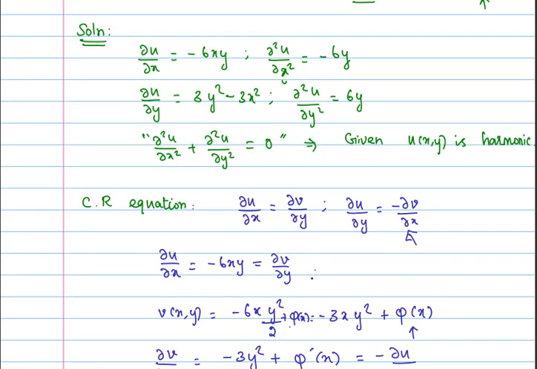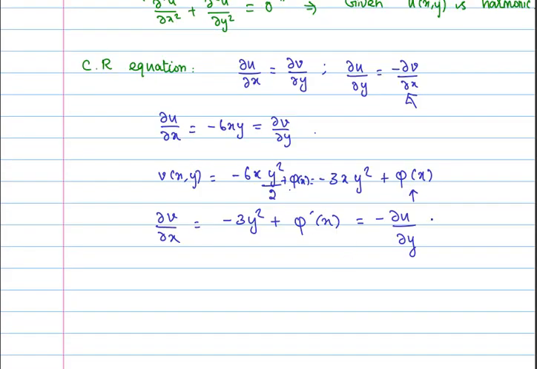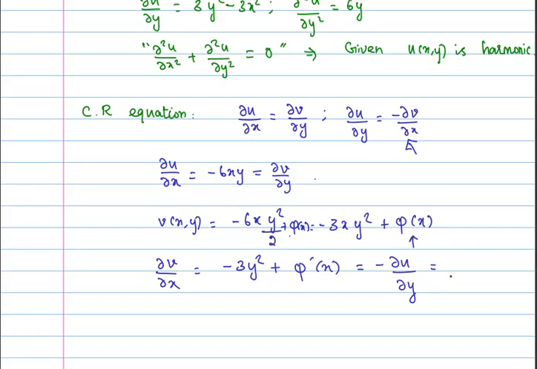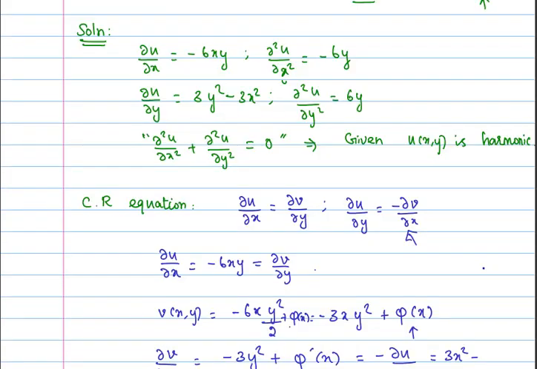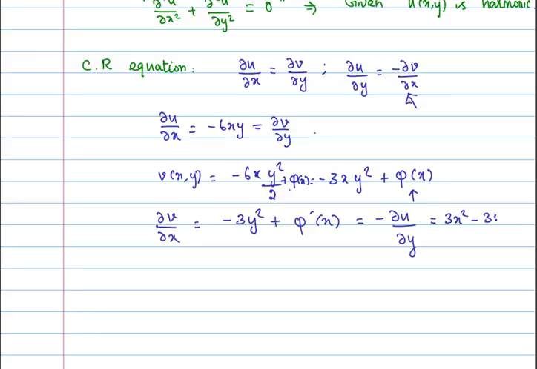We already calculated du by dy as 3y square minus 3x square, so minus du by dy is 3x square minus 3y square. Now compare these two: the minus 3y square cancels, so phi prime of x is 3 times x square.